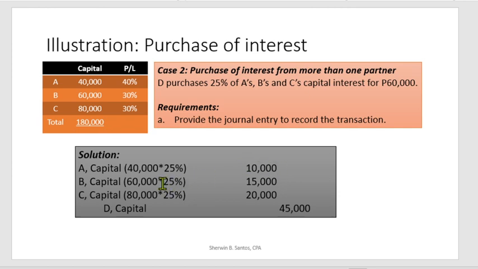B, 60,000 times 25%, 15,000 ang mababawas sa kanya. C capital, 80,000 times 25%, 20,000 ang mababawas sa kanya. So, i-total mo yan, 10 plus 15 plus 20. Yun ang ma-credit naman kay D for 45,000.